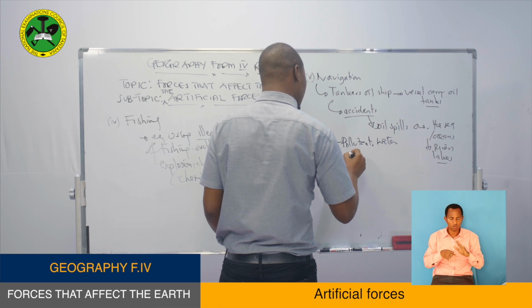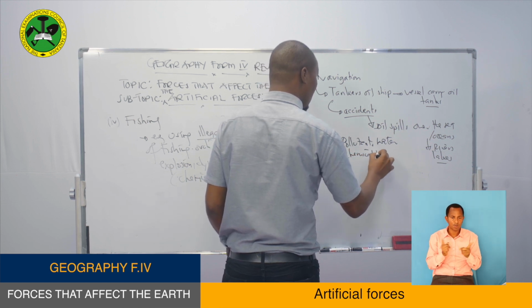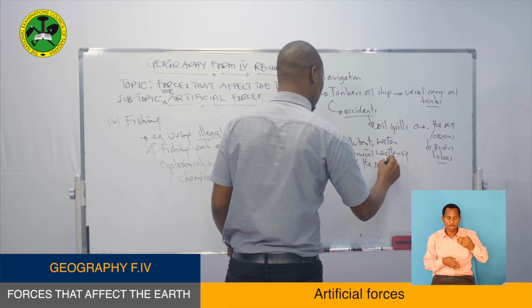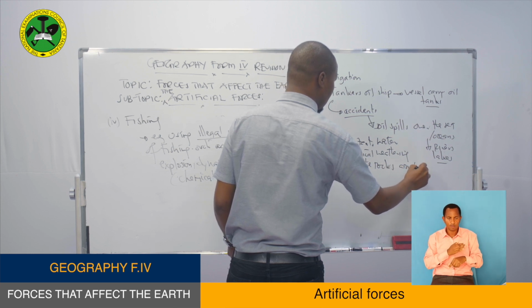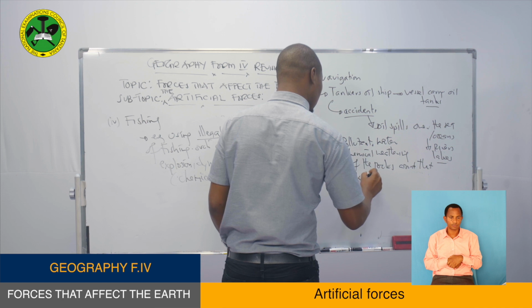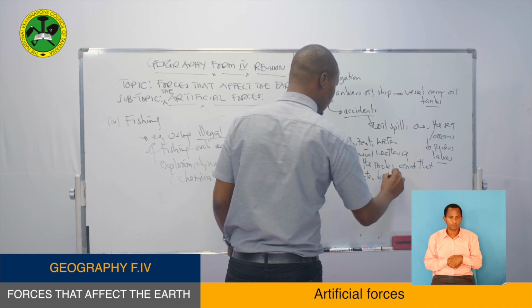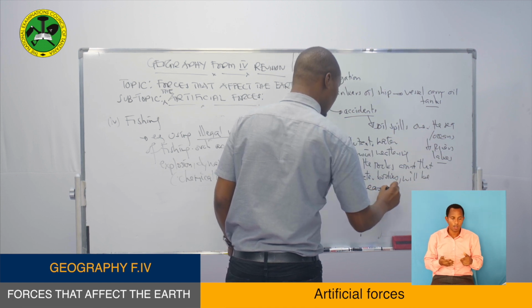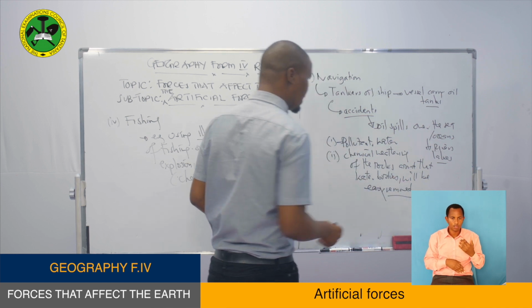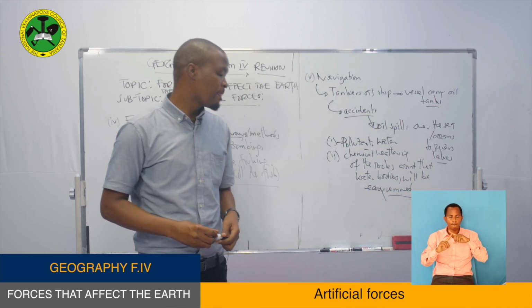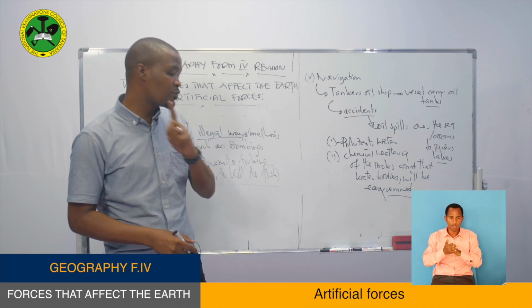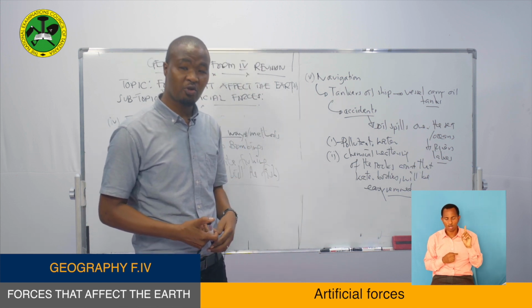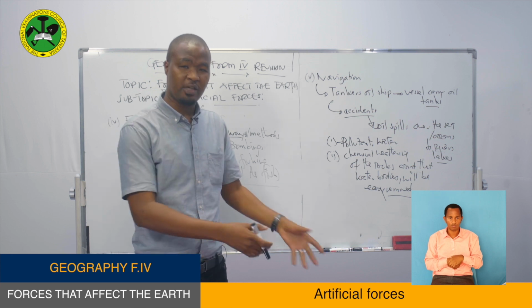But also chemical weathering may take place, chemical weathering of the rocks around those water bodies, which will then be easily removed. Why? Because once there is chemical weathering of the rocks around those water bodies, we expect the rocks will be changed into less resistant rocks, easily removed by the erosion agents, including the water itself.